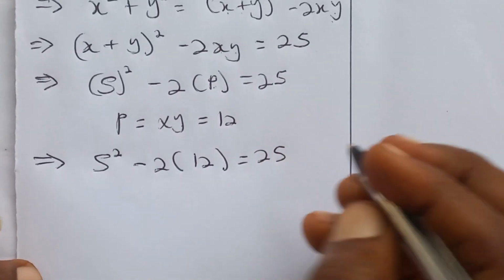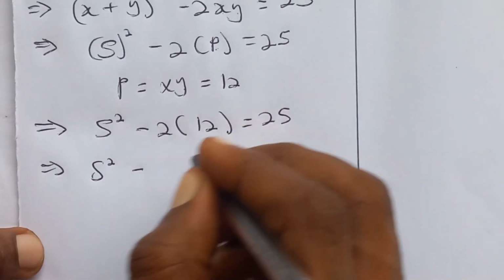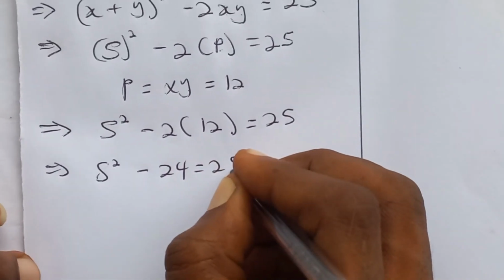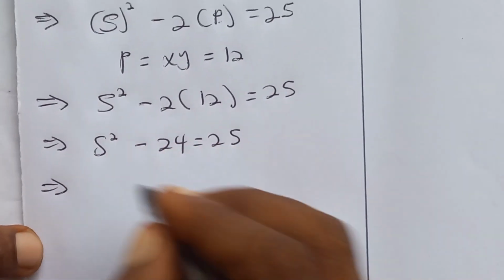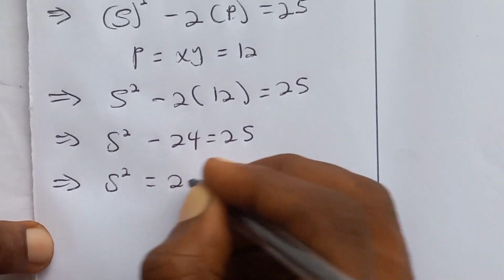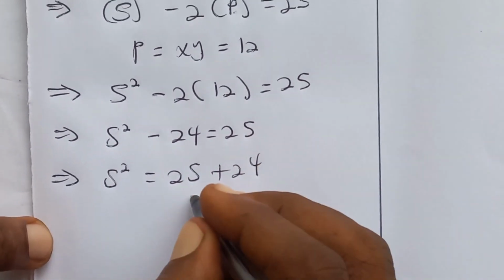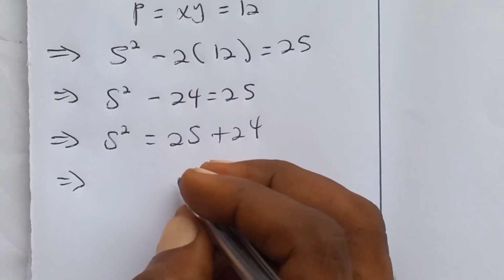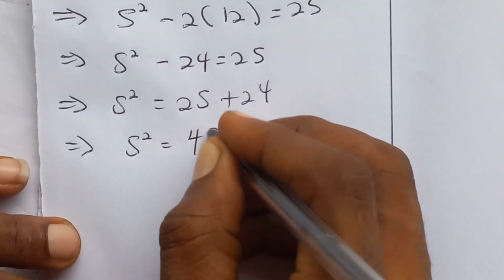So we summarize this: s squared minus 2 times 12, we get 24, is equal to 25. Now, we make s a subject, so s squared is equal to 25 plus 24. And 25 plus 24 is equal to 49. So s squared is equal to 49.